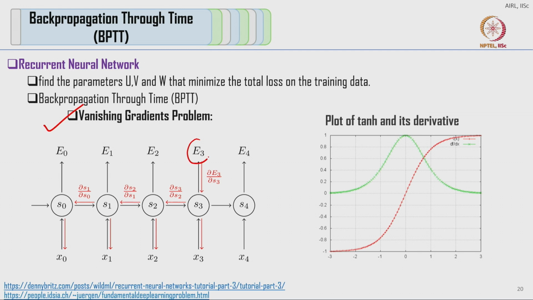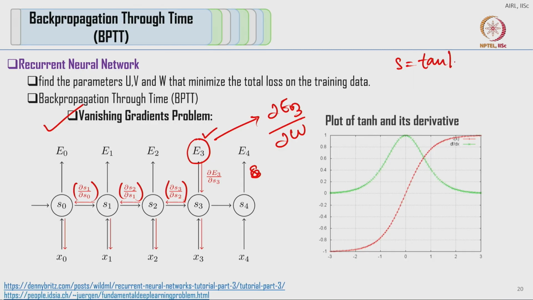When we look at the derivation of ∂E3/∂W, we know it depends upon these derivatives, and we also know that S can be written as tanh(Ux_t + WS_{t-1}). So we know that each of the hidden states depends upon tanh as well.